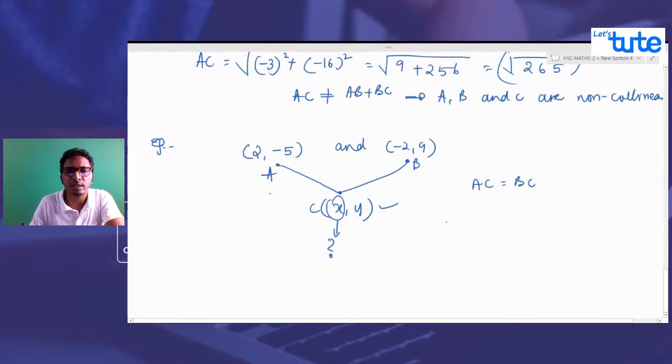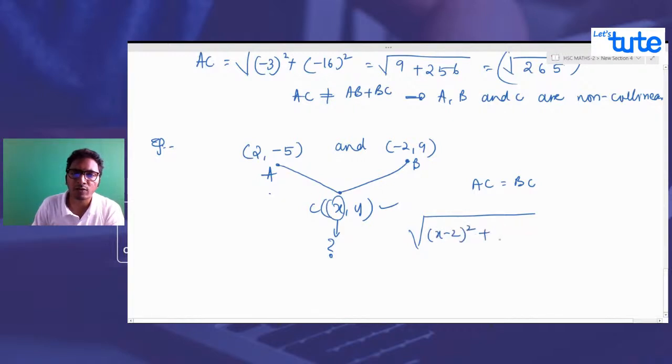That's what it is given. Let us apply the distance formula and equate them. What is AC we are getting? Okay, AC is x minus 2 the whole square plus y minus of -5, so that would be y plus 5 the whole square. So this is the length of AC. Okay, x minus 2 the whole square plus y minus of minus, that is plus 5 squared. And what about BC? Let's solve that.